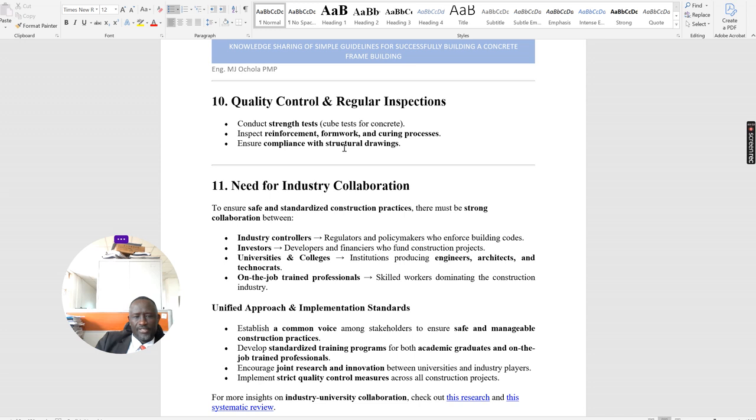Now, need for industry collaboration. To ensure safe and standardized construction practices, there must be strong collaboration between industry controllers, regulators, and policymakers who enforce building codes.